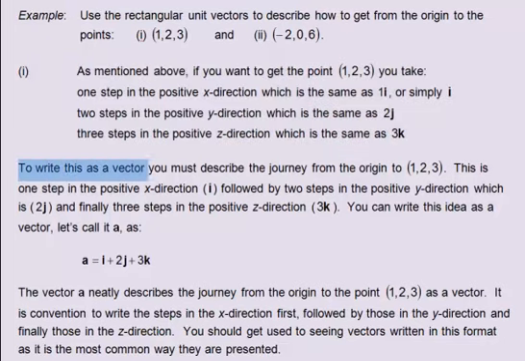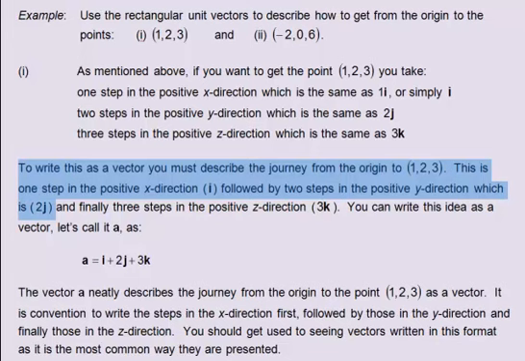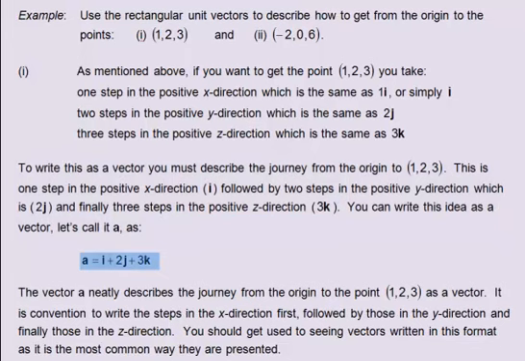To write this as a vector, you must describe the journey from the origin to 1, 2, 3. This is one step in the positive x direction, i, followed by 2 steps in the positive y direction, which is 2j, and finally 3 steps in the positive z direction, 3k. You can write this idea as a vector. Let's call it A, as vector A equals i plus 2j plus 3k. The vector A neatly describes the journey from the origin to the point 1, 2, 3 as a vector.